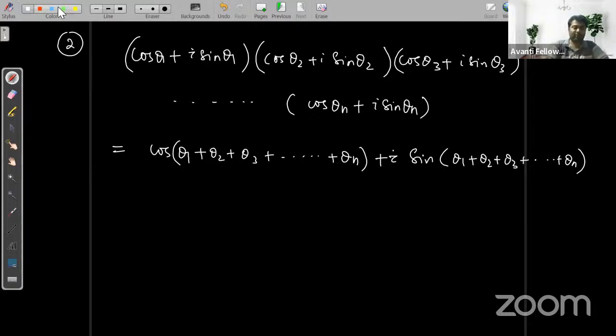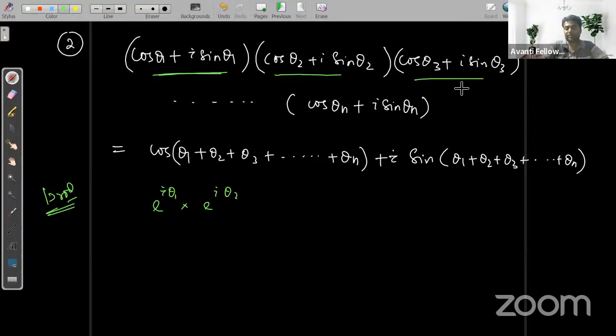You need the proof. Okay, let's see what is the proof. So proof is very simple. If we take the left hand side, this expression can be written as e^(iθ1) and this expression can be written as e^(iθ2). This expression can be written as e^(iθ3) and so on up to e^(iθn).